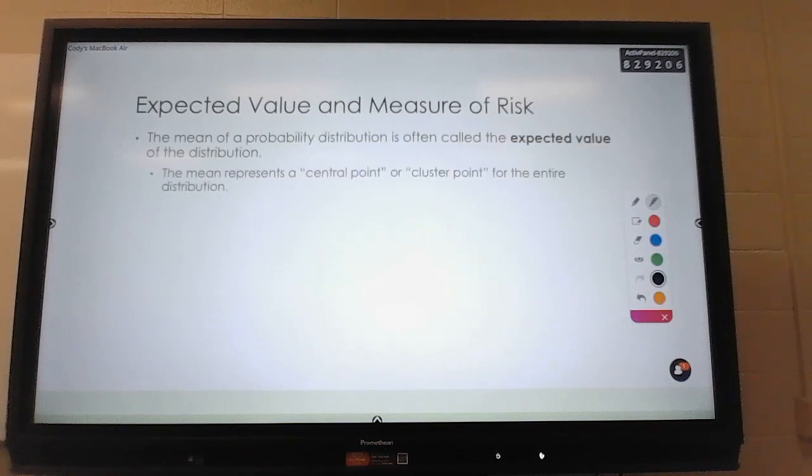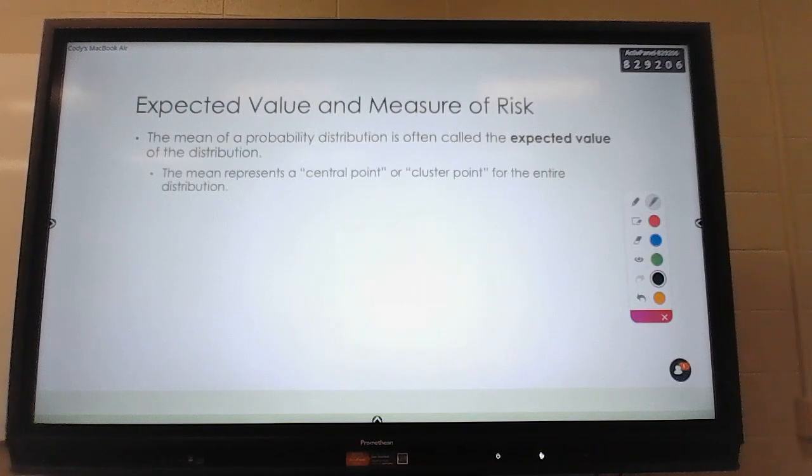Now, the mean of a probability distribution is also referred to as the expected value. It's called the expected value because the mean represents a central point or a cluster point for the entire distribution. Think of it this way.